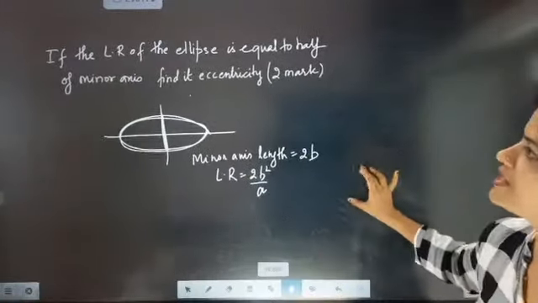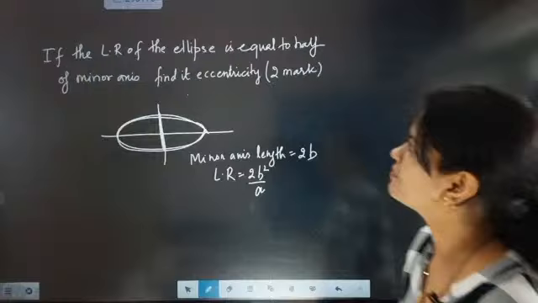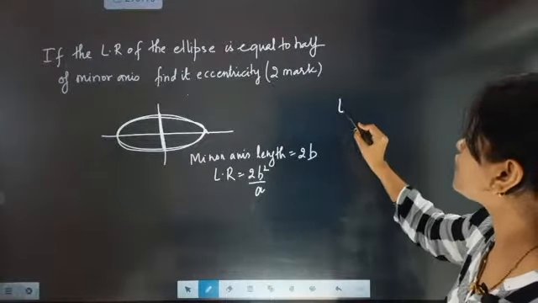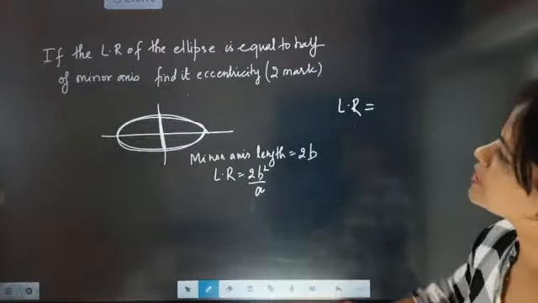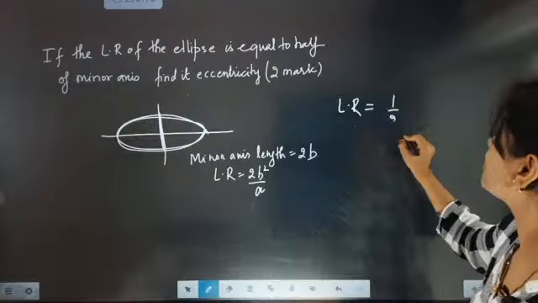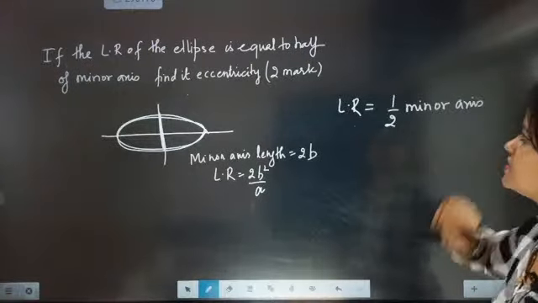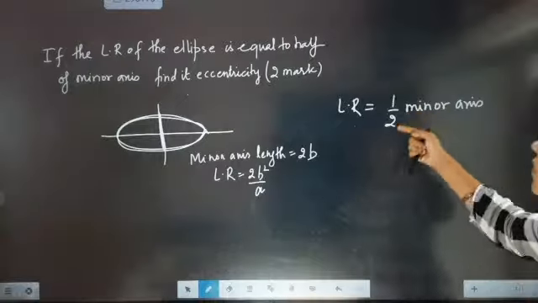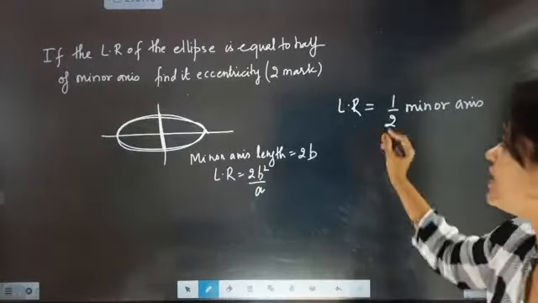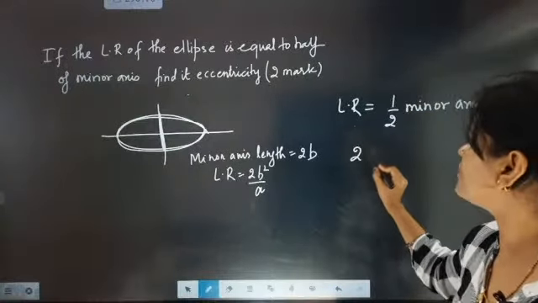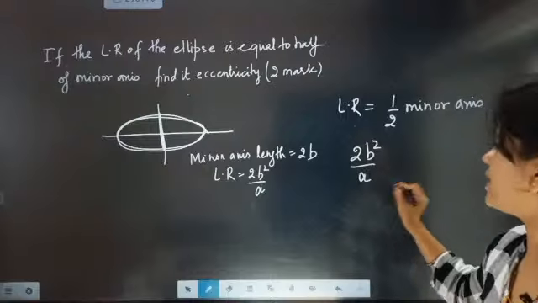Now they are telling that the length of the latus rectum is equal to half of the minor axis. In the question itself they have given this. Latus rectum equals half of the minor axis. The latus rectum formula is 2b square by a.